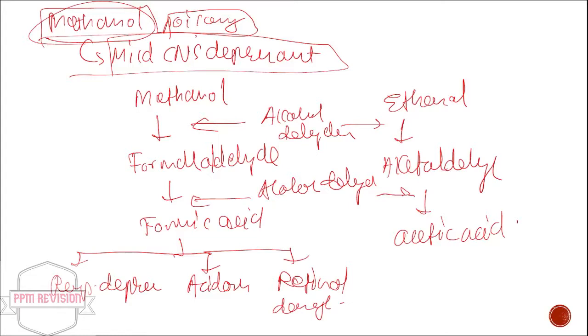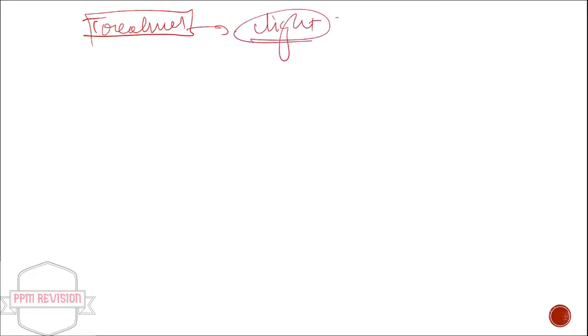Okay, so for the treatment, there are a few steps which are followed. The patient's eyes are protected from light. So first we need to protect from light. And then the airway, breathing and circulation are looked after, commonly known as ABC.